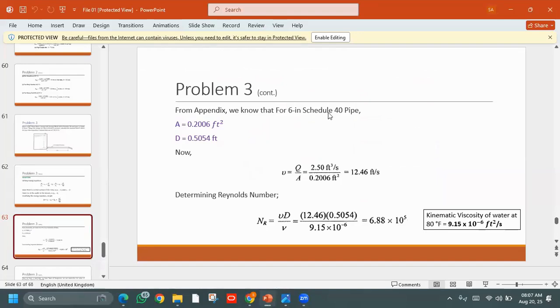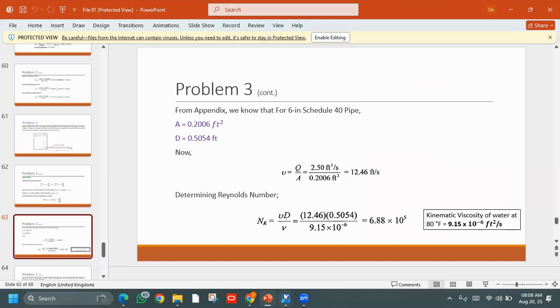For the schedule 40, 6-inch pipe, we have the area equal to 0.2006 and the diameter D equal to 0.5054 feet.